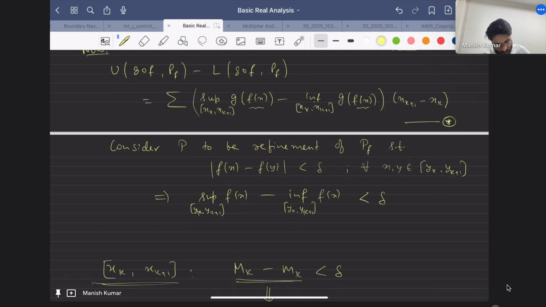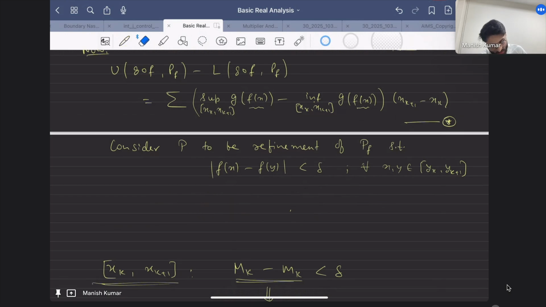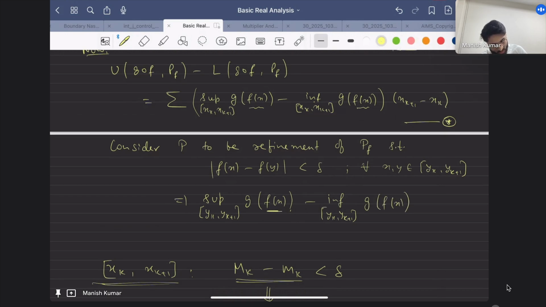From here I can say that if I study the supremum over y_k to y_{k+1} of g(f(x)) minus the infimum over y_k to y_{k+1} of g(f(x)), I know that the function values on this interval are close, within delta.